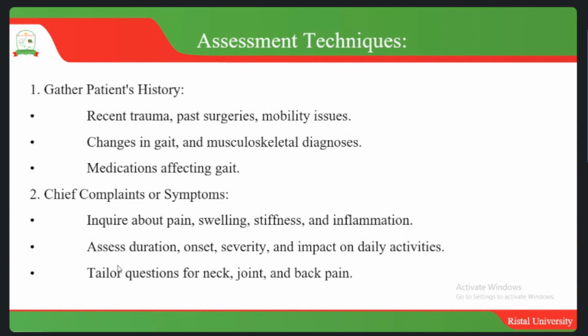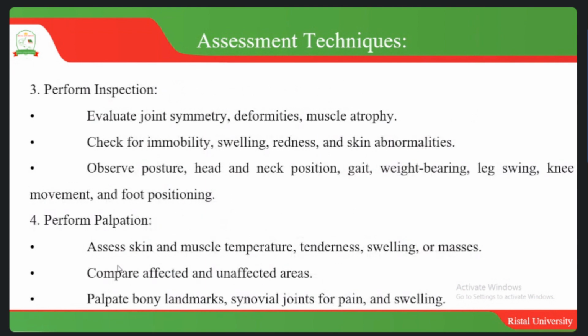The assessment techniques, we talked about this, and we said we need to gather information, basically looking at the history, and then also know the chief complaints and the symptoms that these patients present with when they come to us.